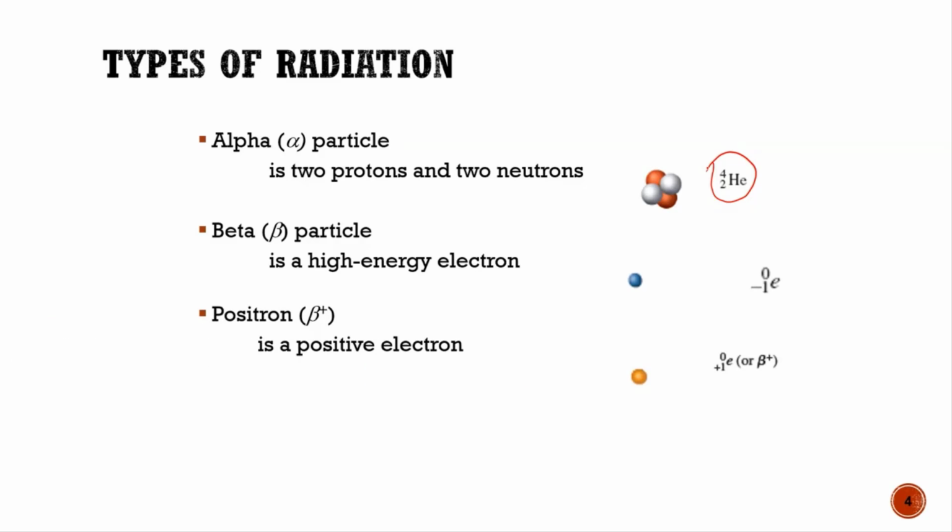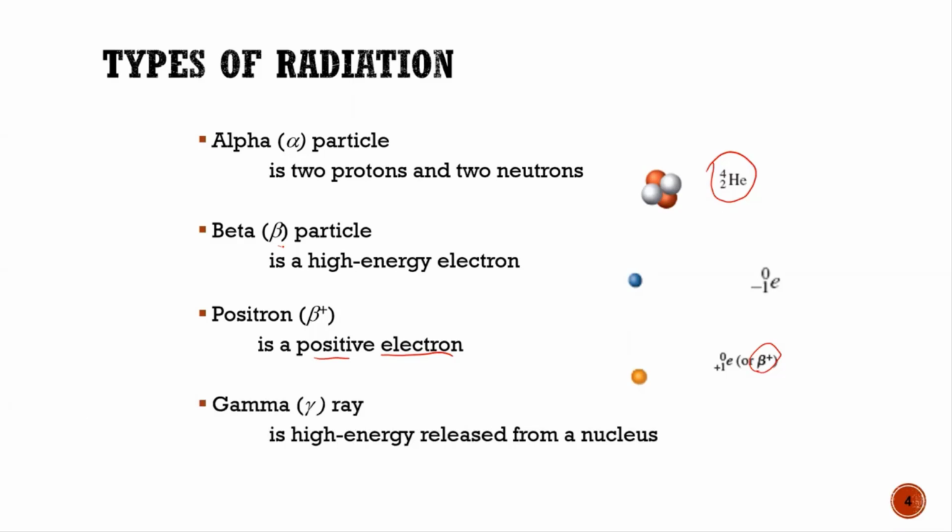The positron is the size of an electron, but it has a positive charge. A lot of times they write the beta symbol using the Greek letter beta. And then the gamma is denoted by this symbol here.